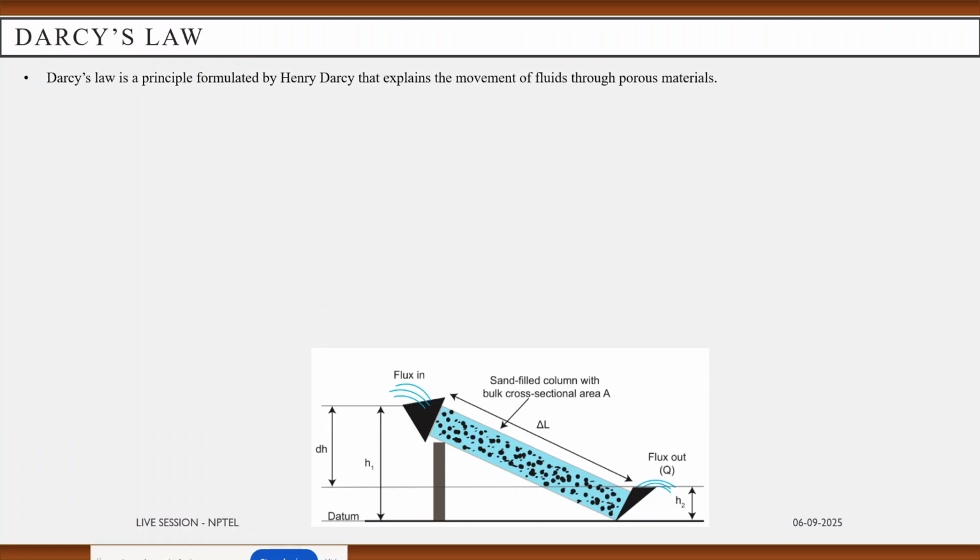So Darcy's law is a principle formulated by Henry Darcy, which explains the movement of the fluid through the porous material.